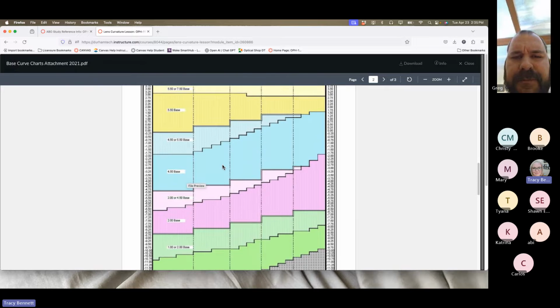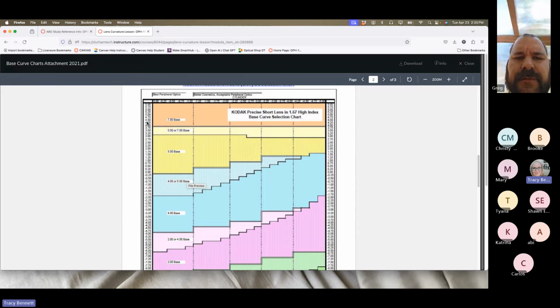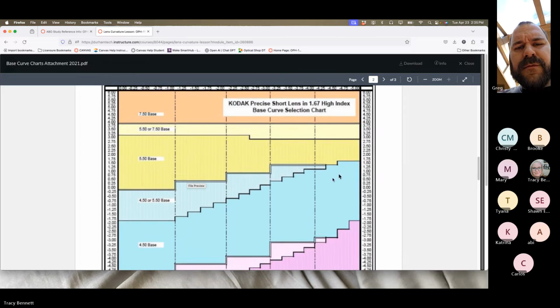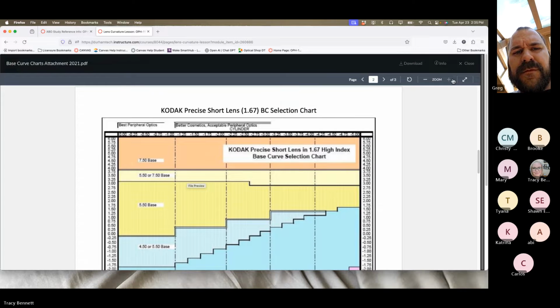You're given a prescription, and over on the left-hand side here, this is where you'll find your sphere powers. And along the top here, you see cylinder written right up here.